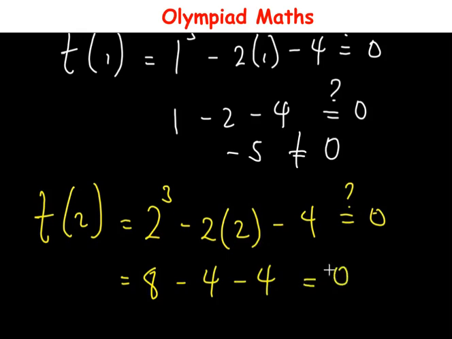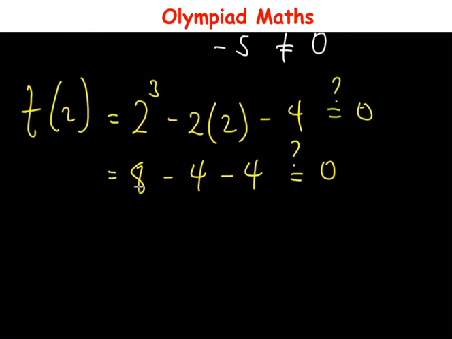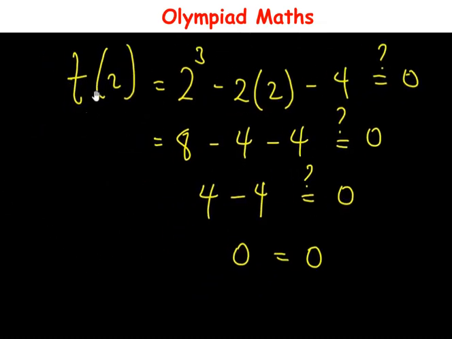So what we have is 8 minus 4 is 4, then we have minus 4. 4 minus 4 is 0, and this equals 0. So this means that since 2 gave us the value that equals 0, the solution of t is equal to 2. So t as 2 is one of the solutions of t.